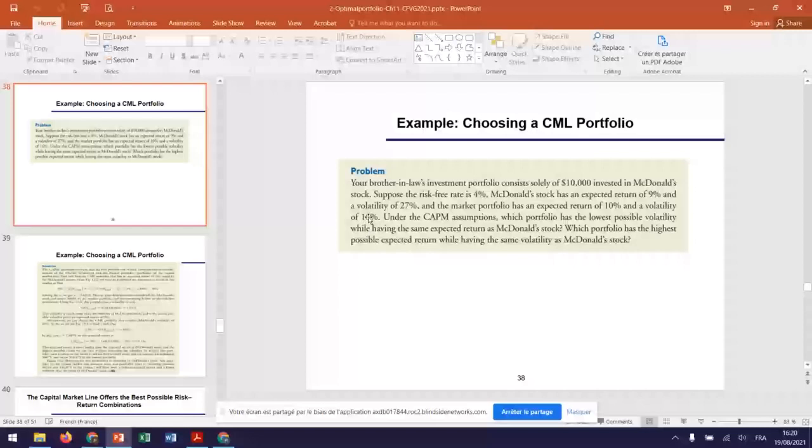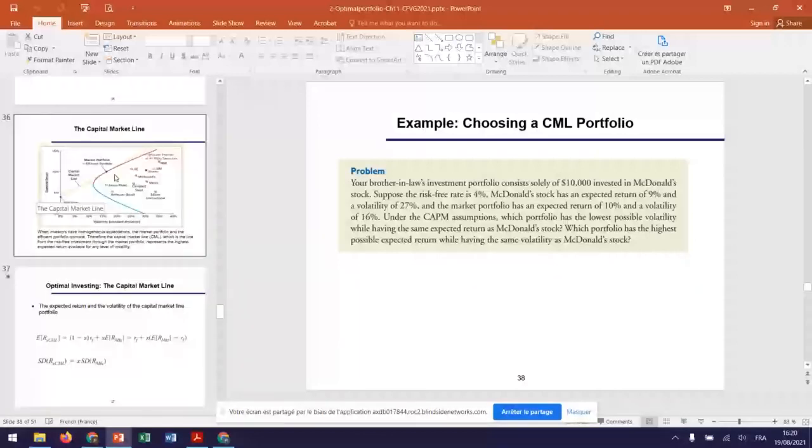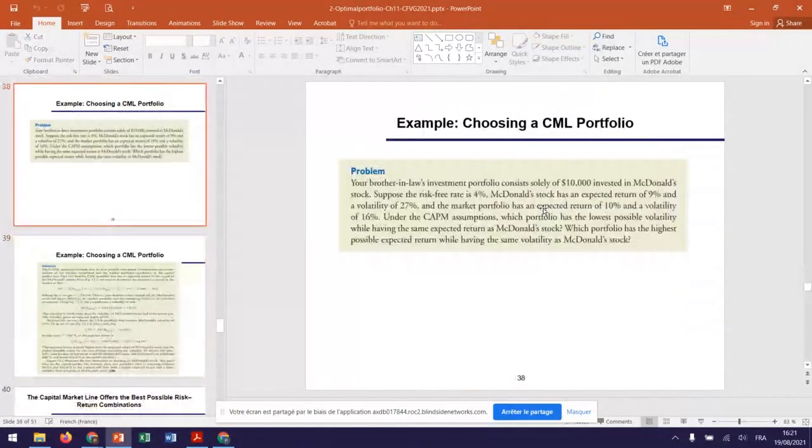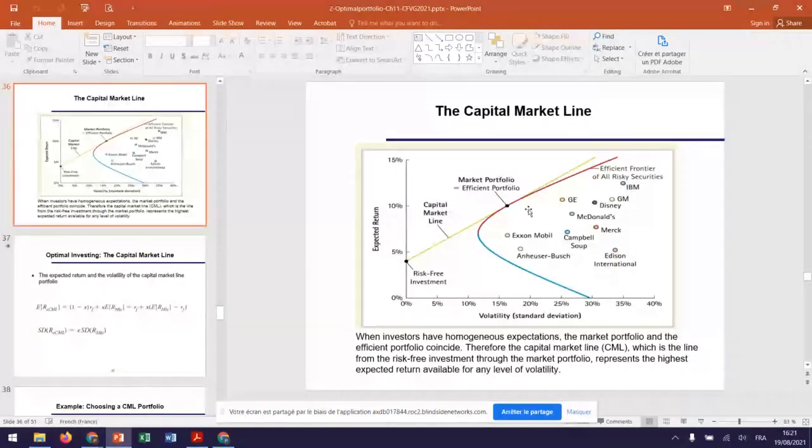I want to get 27% of risk. What should I do? I should go beyond 100% of my investment in the market portfolio, otherwise I cannot increase my level of volatility. Right now I'm here, and I want to move to 27%.